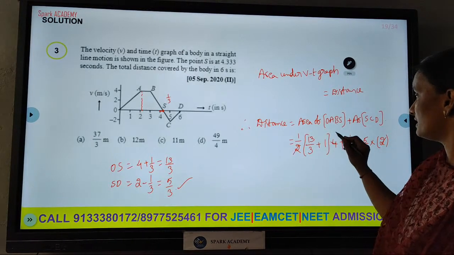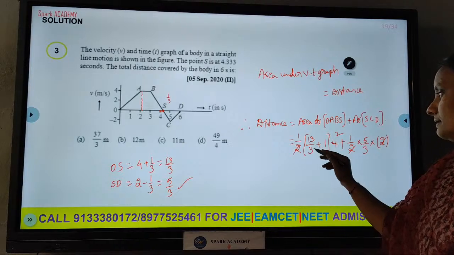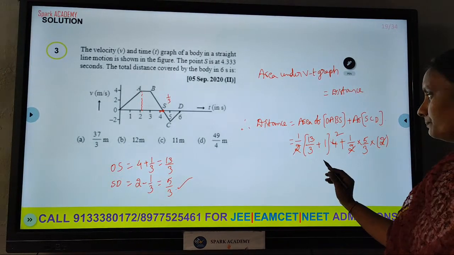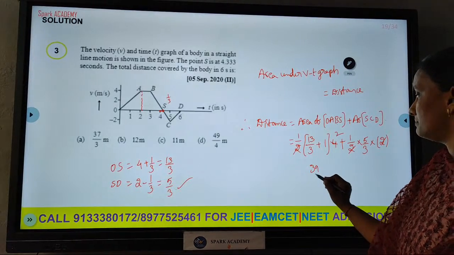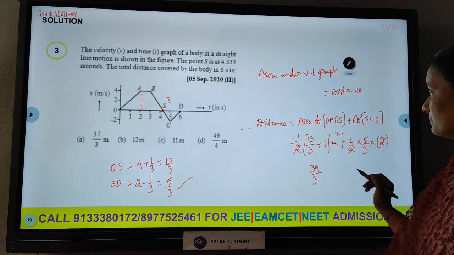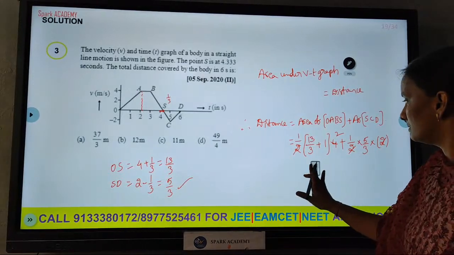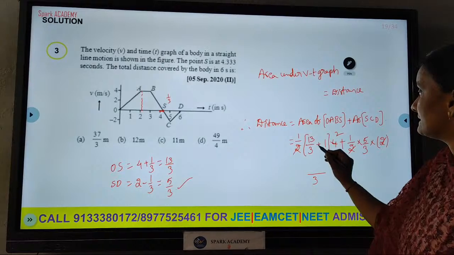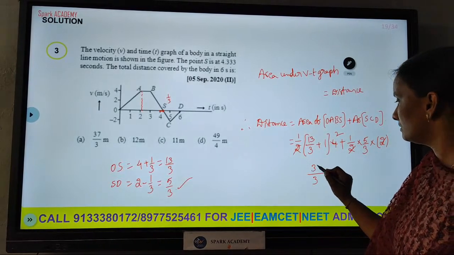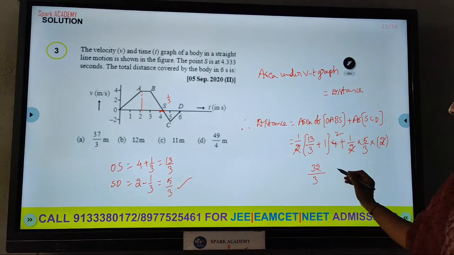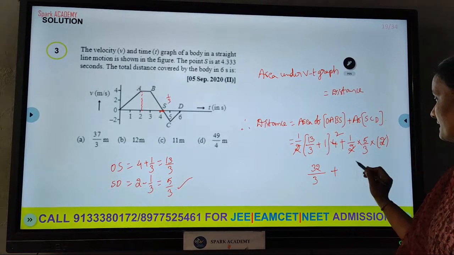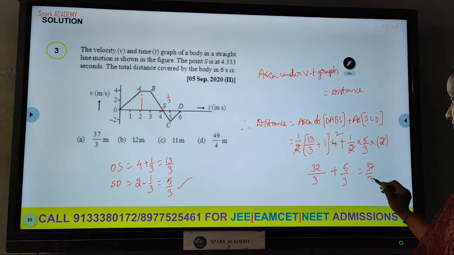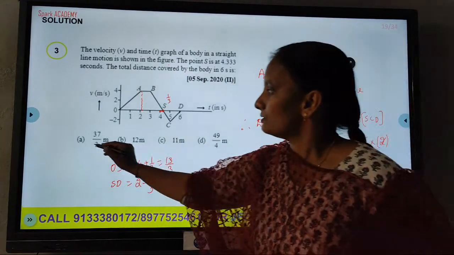And here, 13 plus 3, that way we have to consider, 16. 16 into 2, 32 by 3 will come. Plus 5 by 3, which is equal to 37 by 3. So this is the option.